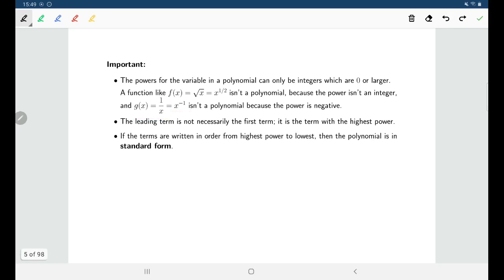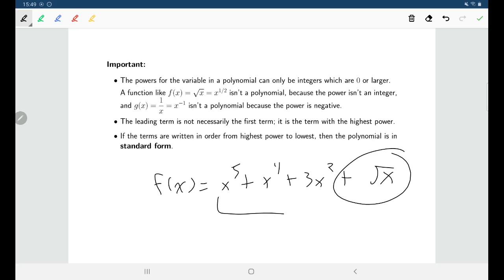It would also be true for anything where any of the terms happen to have negative or fractional powers. So if you had a function that had x to the 5, x to the 4, 3x cubed, and then a square root of x, because of that term, this is no longer a polynomial function.